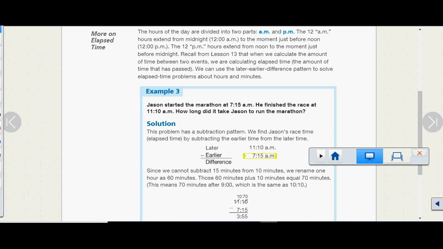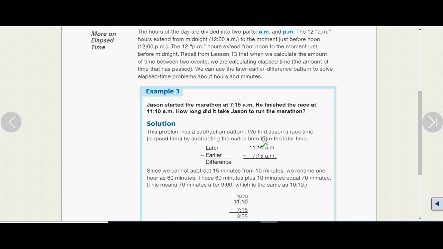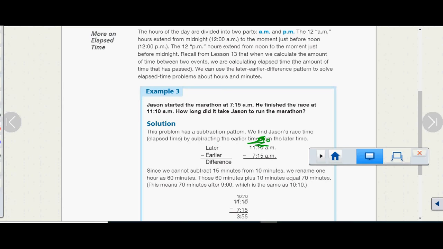It doesn't work like a regular subtraction where you borrow from the 0 and make it 10, then make that 0, then borrow 10. You don't do it the way we normally would do a subtraction problem.